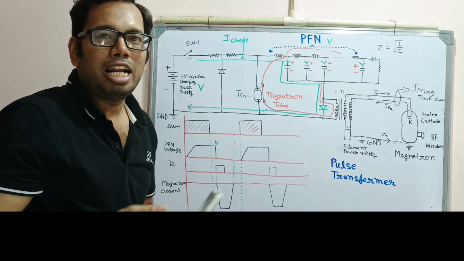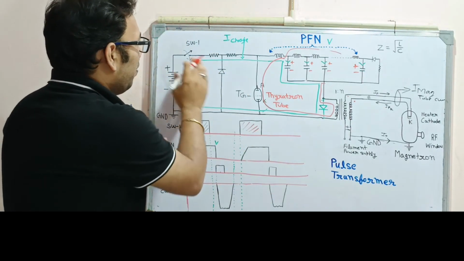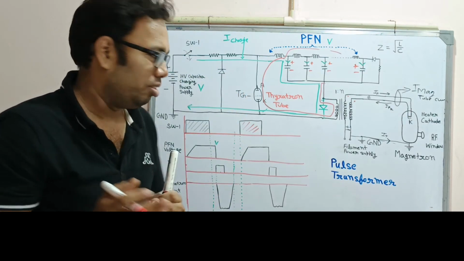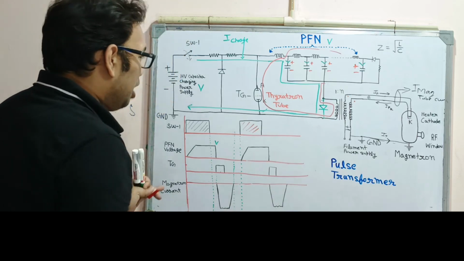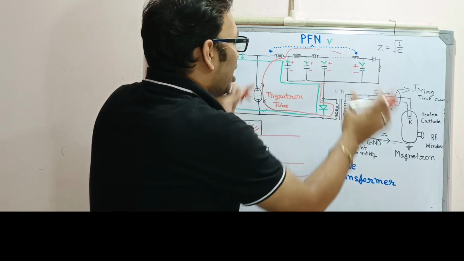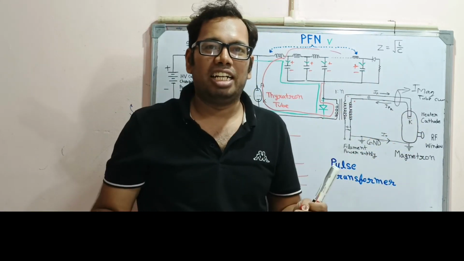Whatever repetition rate is required, we can choose by turning on this switch and this switch with the interlock. In this manner the pulse current flows through the magnetron, and the magnetron operates as a self-oscillator.